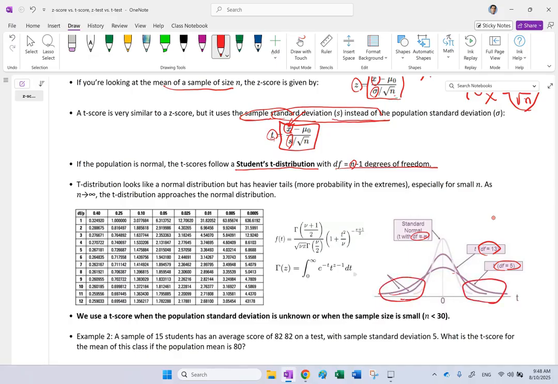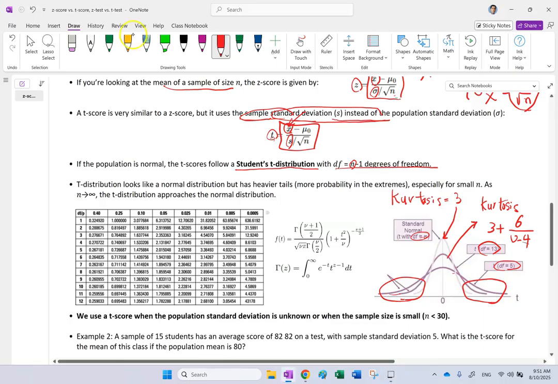So in the middle, it's not as sharp. In other words, the kurtosis of a normal distribution and a t distribution are different, right? So if you calculate kurtosis for the normal distribution, it's going to be 3. For the t distribution, it is going to be 3 plus 6 over nu minus 4, where in this formula, this nu is your degree of freedom.